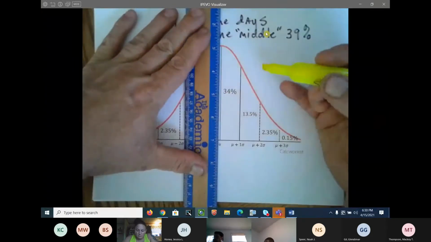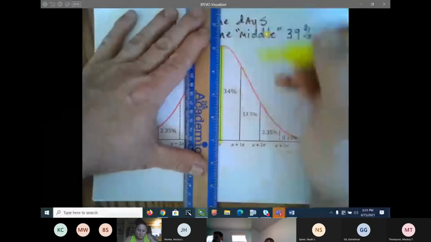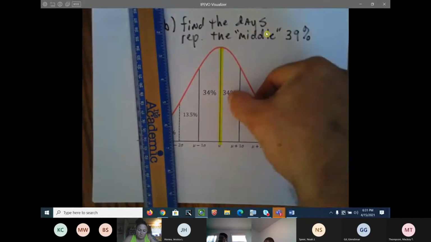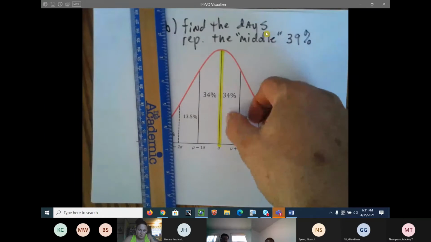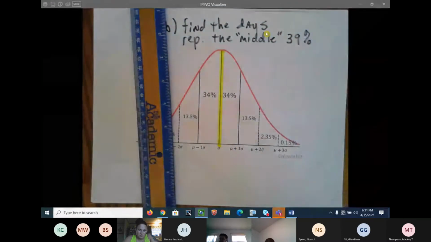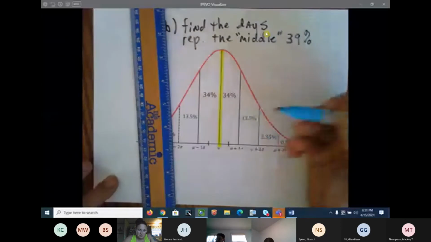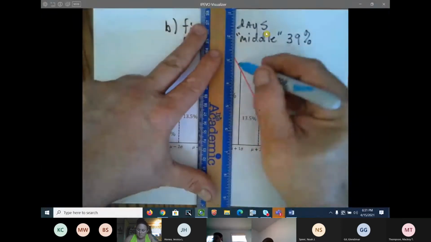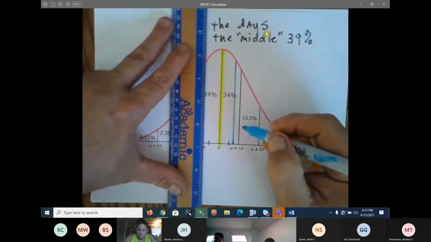And the reason I'm switching to another one, that one just had too much stuff on it. And I know that both these sides, that's 34%. Half of 34 is 17. So a little bit above half would be 19. So I'm going to put right about here, and right about here.